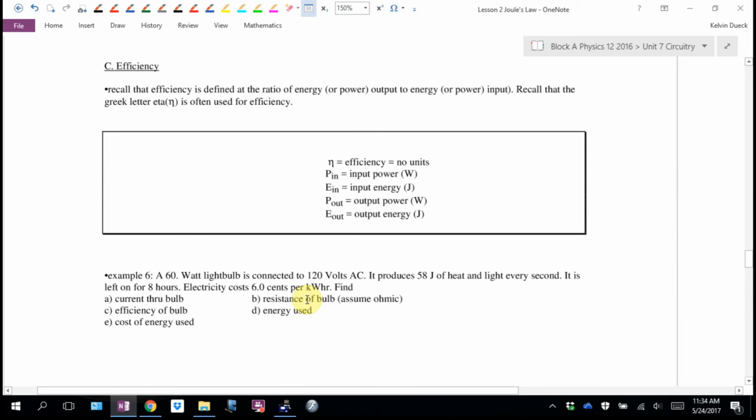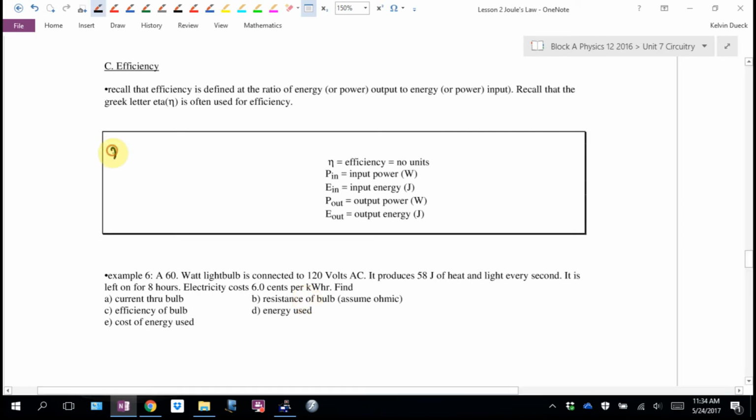Efficiency. Efficiency is defined as the ratio of energy or power output to energy or power input. You know what? I always told you efficiency was the bigger number divided by the smaller. No, the smaller number divided by the bigger number.